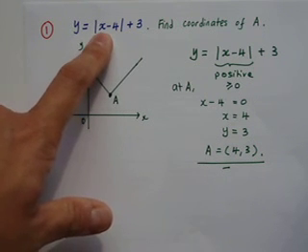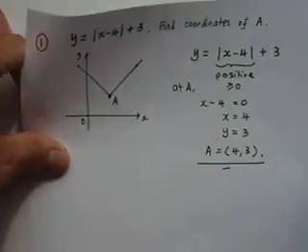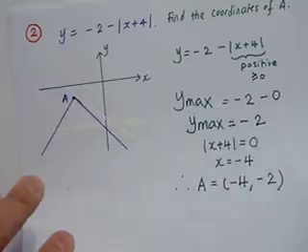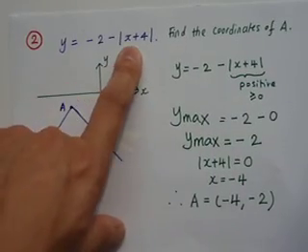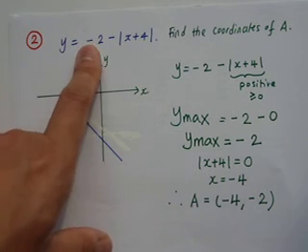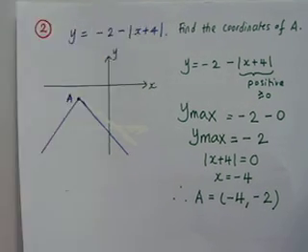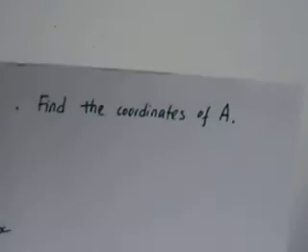So in this case, the x coordinate is 4. And in this case, the x coordinate is -4, and the y coordinate is -2. If you are still not clear, I have 2 more examples to illustrate this point.